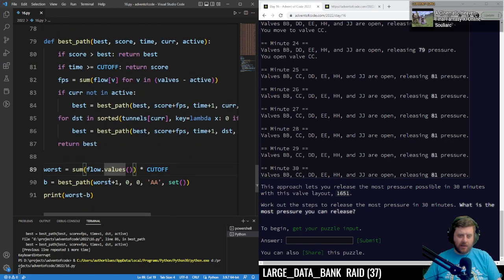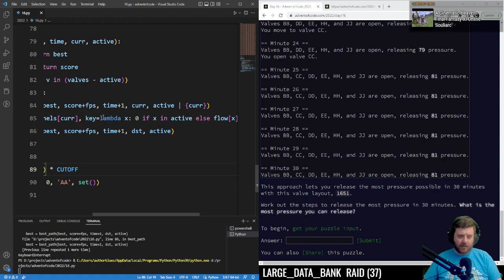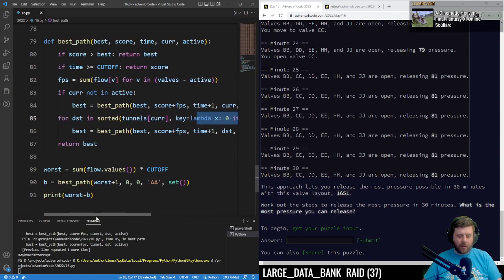I'm worried that the improvement that this lambda is giving me is marginal when compared to the amount of complexity it's adding.